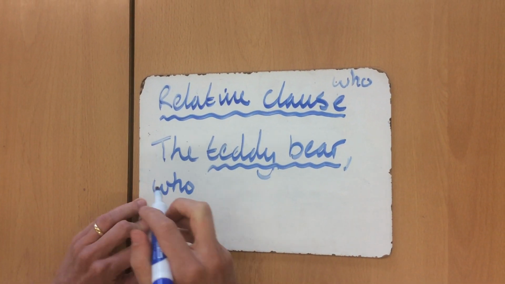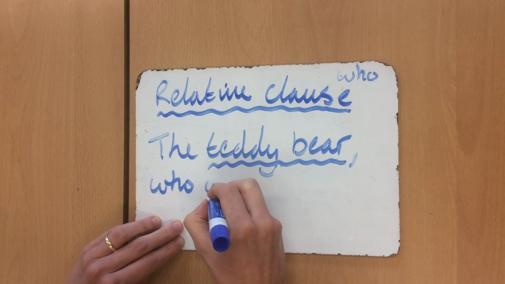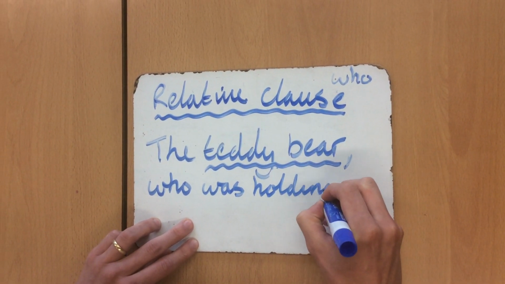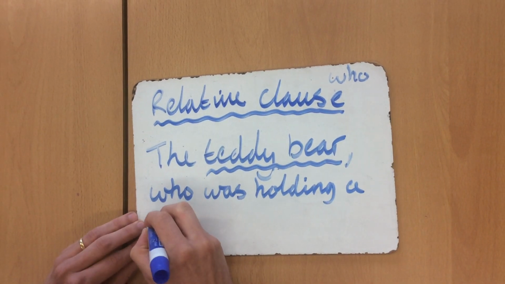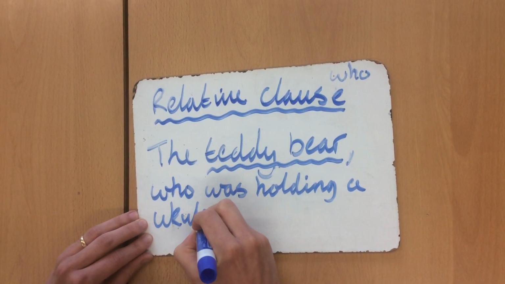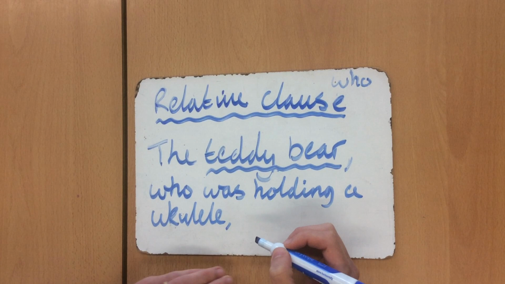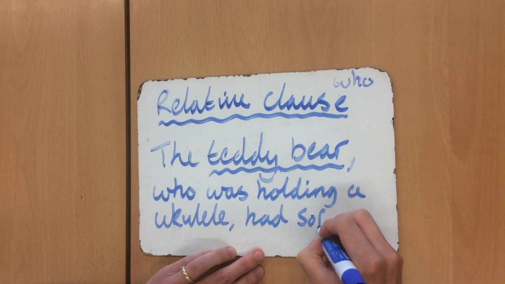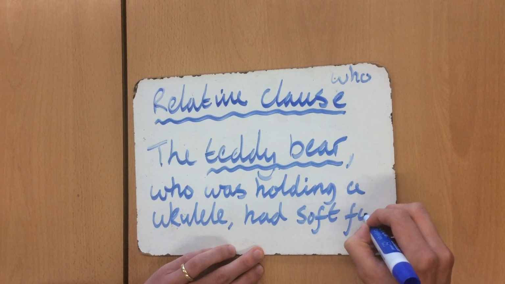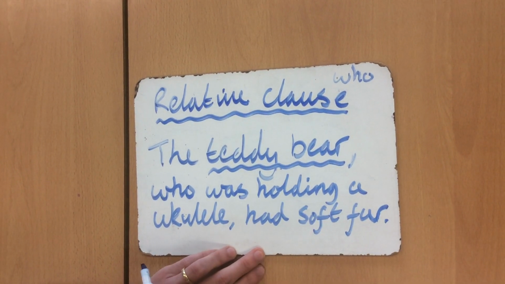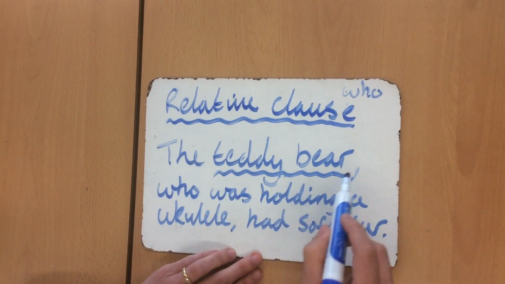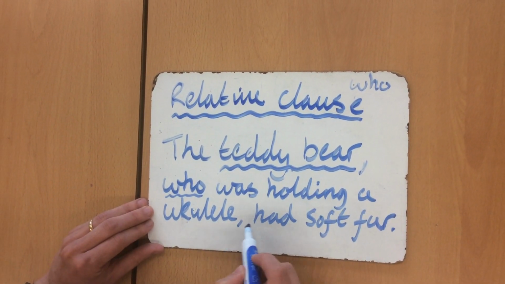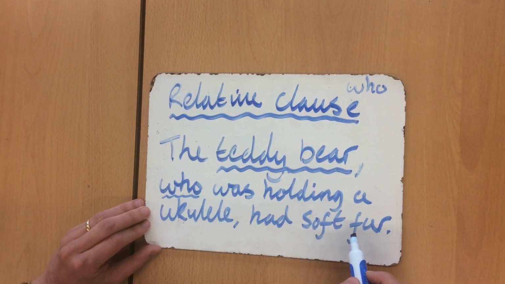So the teddy bear who was holding a ukulele, comma, had soft fur. Full stop. The teddy bear, comma, who, relative pronoun, was holding a ukulele, comma, had soft fur.